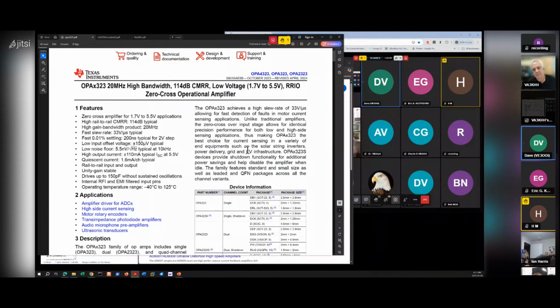Or you can use them, but you can't expect it to go down to 0 volts; it might only go down to like 2 volts. If you want a rail-to-rail op-amp, you have to look for that as a spec, because they don't all do that. But that current feedback amp says it drives 10 microfarads, while this 2323 regular standard op-amp drives up to 150 picofarads.